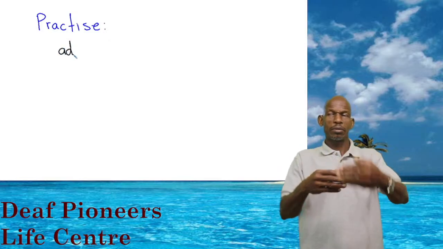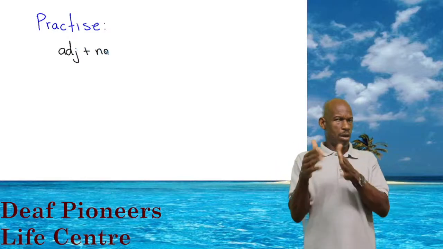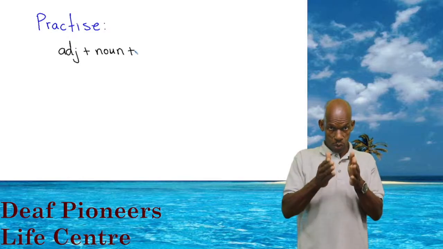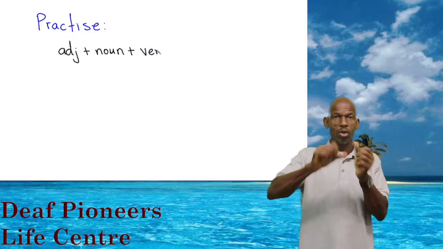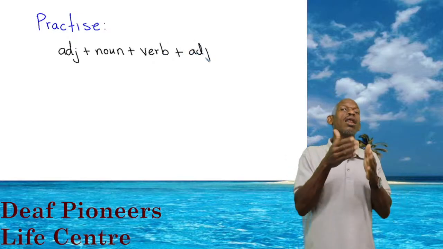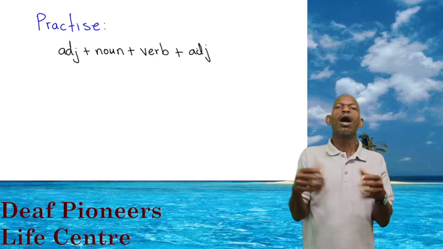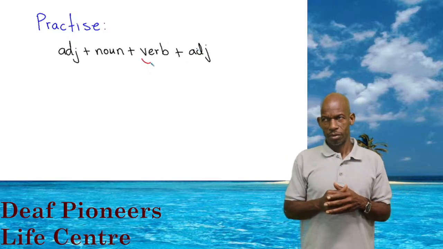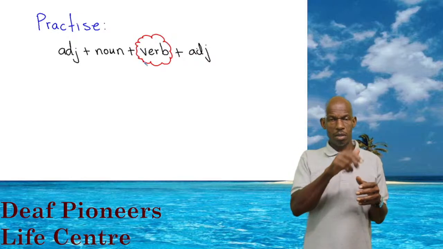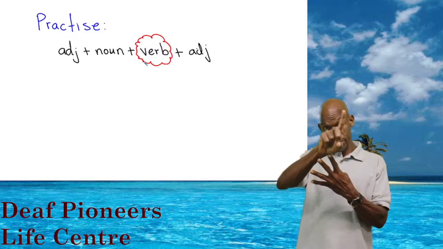I'm just drawing the initial adjective plus noun plus verb plus adjective. ADJ is adjective. I'm just highlighting the verb. Every sentence must have a verb.